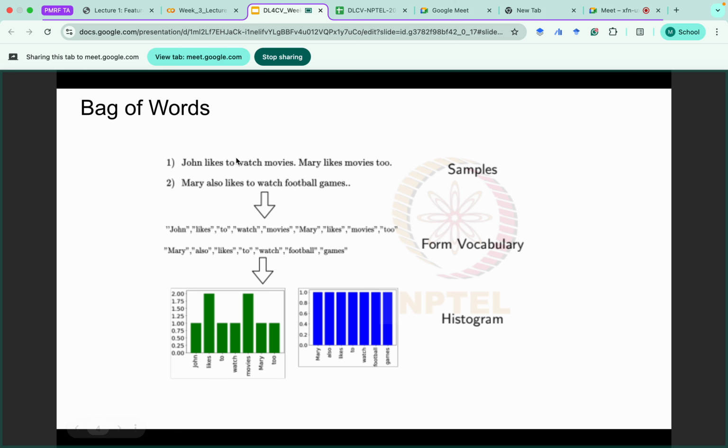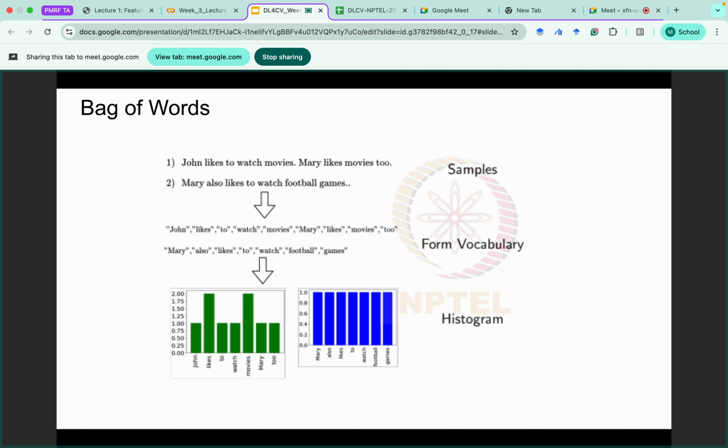Here, in the first statement, likes occurs twice, right? So the frequency of its occurrence is 2, and movies occurs twice here. That's all. So I can get a histogram representation for each statement, and I can use this as a feature.